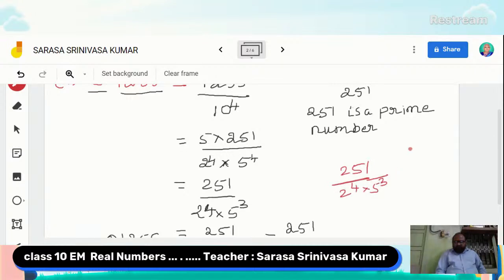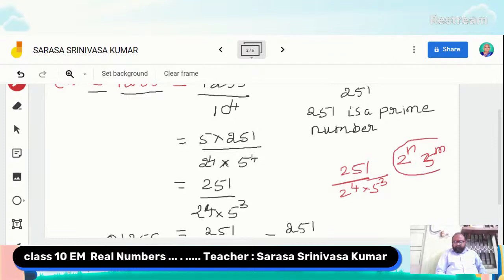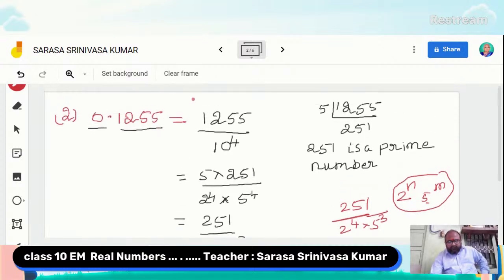So the denominator is of the form 2 power n multiplied by 5 power m. And 251 and 2000, these two numbers are co-prime numbers in this example 2 problem.